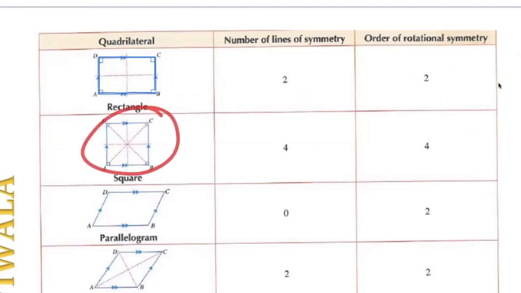Now a square is a regular polygon. So since there are 4 sides, there are going to be 4 lines of symmetry: vertical, horizontal, and 2 diagonals. And the order of rotational symmetry is also going to be 4.